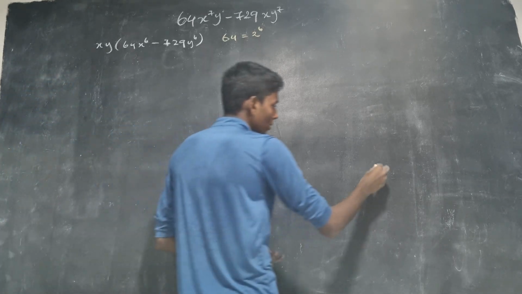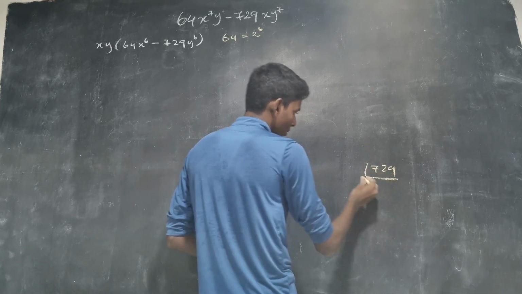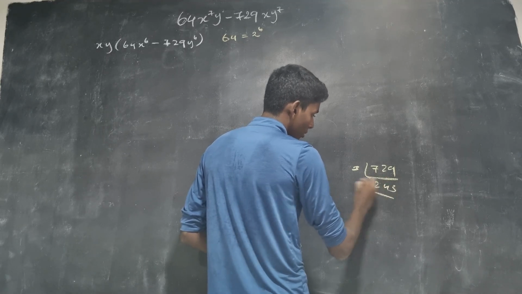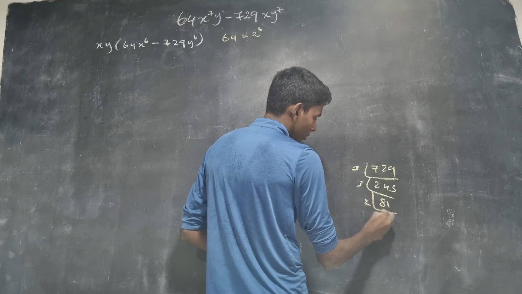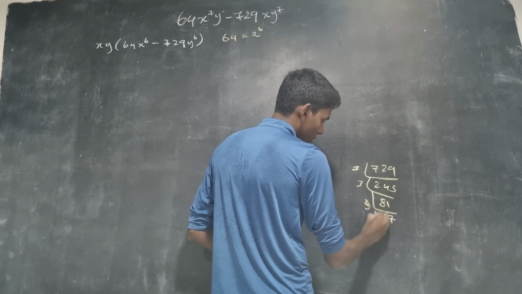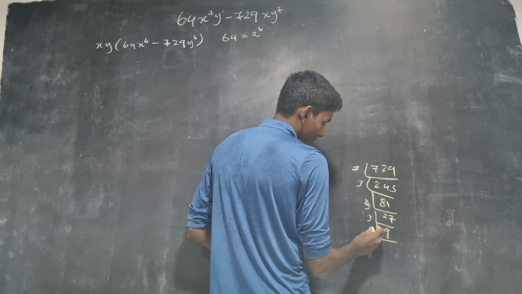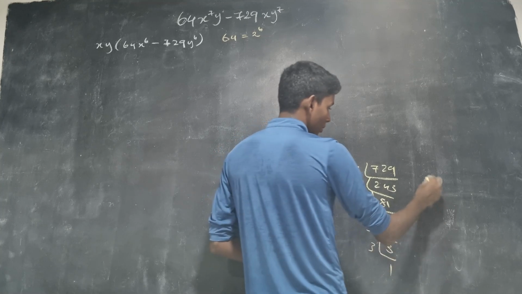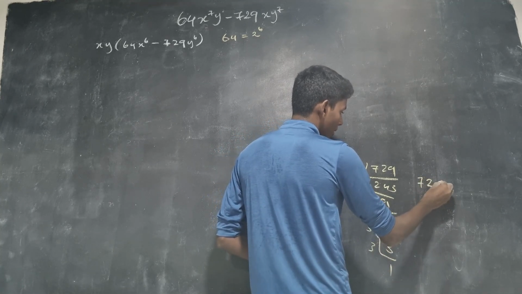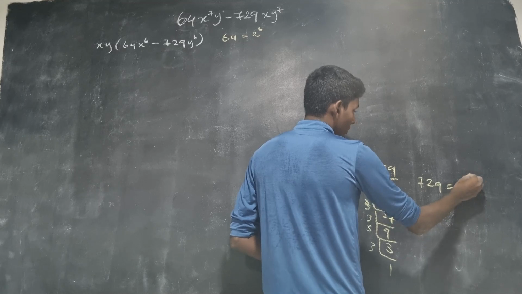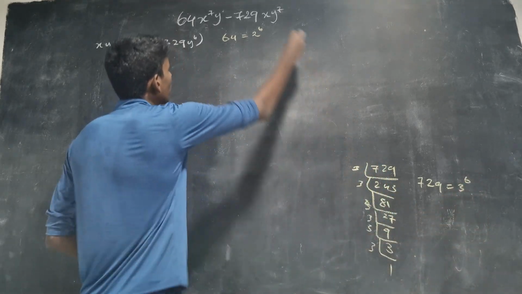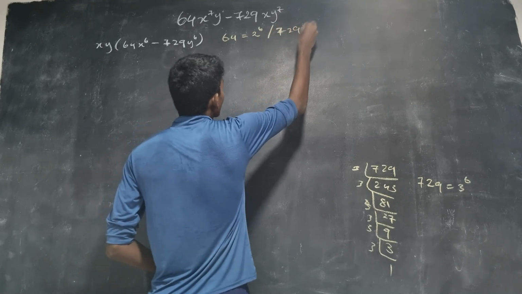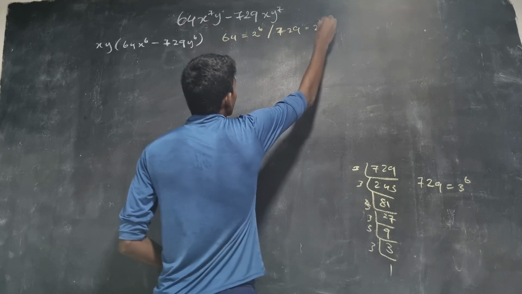Dividing 729 by 3, we get 243, 81, 27, 9, 3, and likewise we can say that 729 is equal to 3 to the power of 6. So we can write that 64 is 2 to the power of 6 and 729 is 3 to the power of 6.